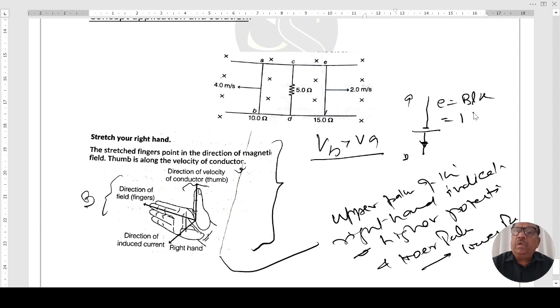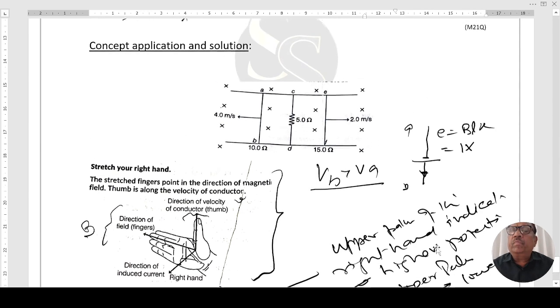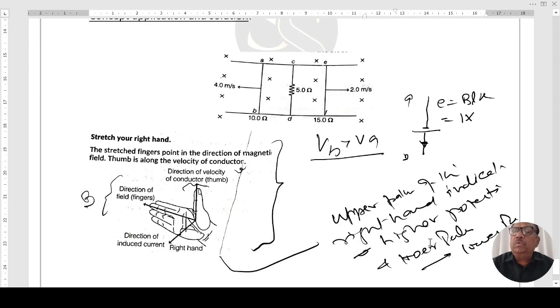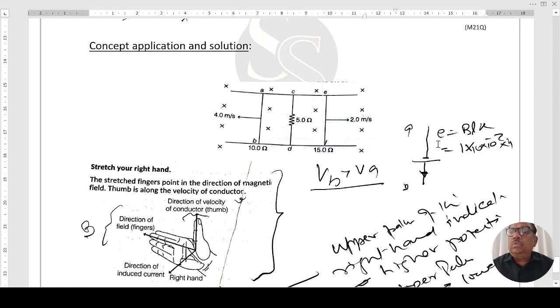The EMF induced will be equal to BLV. B is 0.01 Tesla, length is 10 centimeter apart, 10 into 10 to the power minus 2, into velocity 4 meter per second. Whatever the value, this is so much volt across AB.